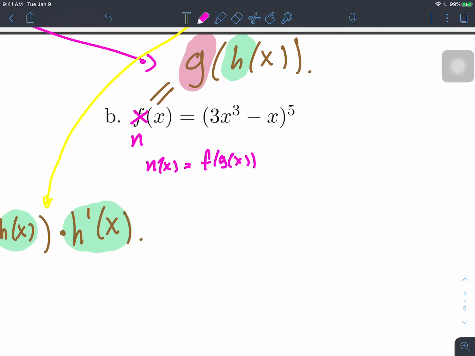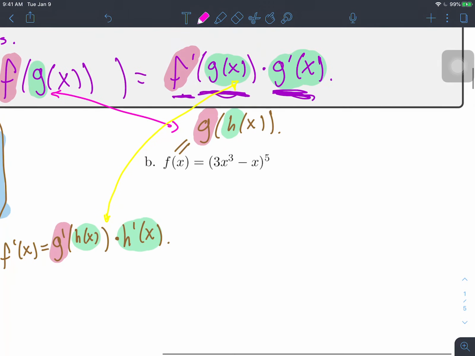If you really don't like using different letters, you can do that instead. Just make sure that when you get to the end, you go back and say, okay, when I finally figure out what N prime is, that's actually what F prime is. Okay, so you can do that if you're really, really dependent on the letter system. But I think it's good to just learn the general form.